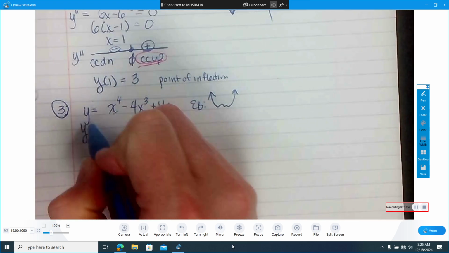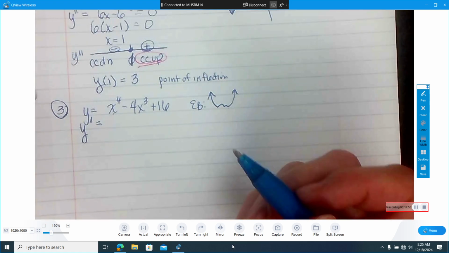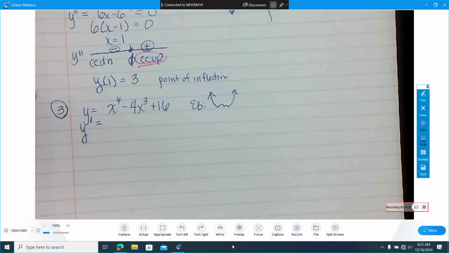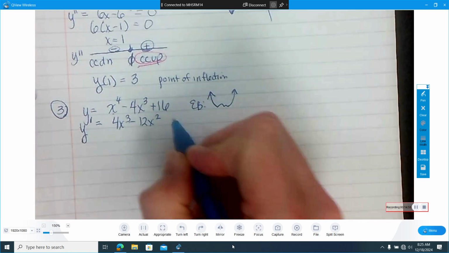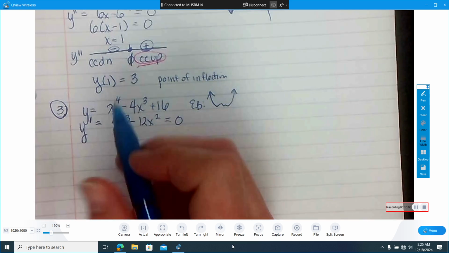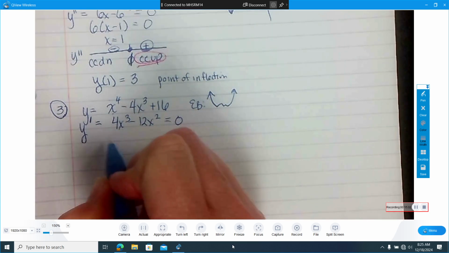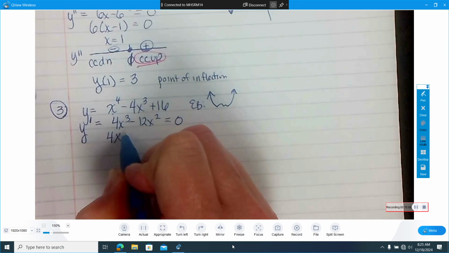All right, so y prime, what is the first derivative? 4x cubed minus 12x squared. Great. I'm going to set that equal to 0. What could we take out of there? A 4 and? Not just an x? x squared.